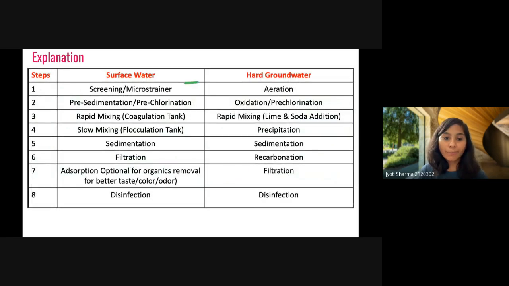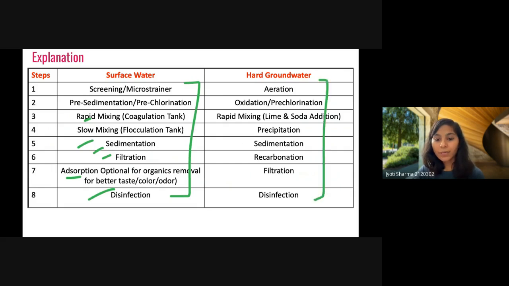So this part is completed. Screening, pre-sedimentation, rapid mixing, slow mixing, sedimentation, filtration, a little bit about adsorption and disinfection. Now this one, because we have already talked about filtration, disinfection, sedimentation. So we have very few questions on hard groundwater.